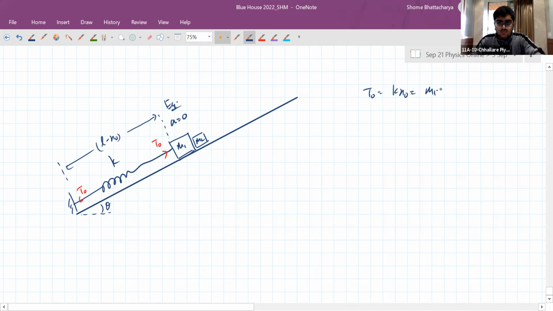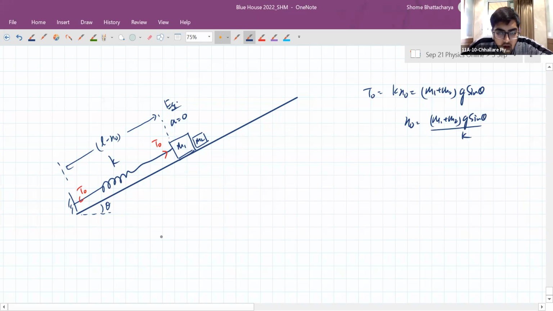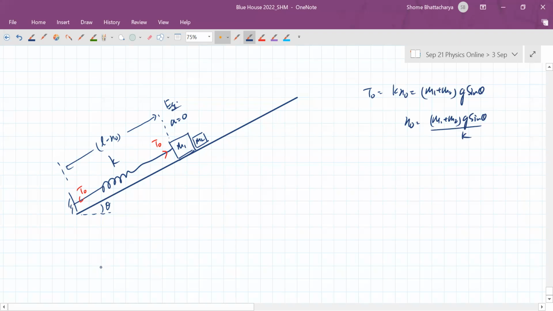Yes, sir. So (m1 plus m2) g sine theta by k, that is my equilibrium position. Yes, sir. Now from here, the question says that I have compressed it further by twice of this value, no? And released it from rest.